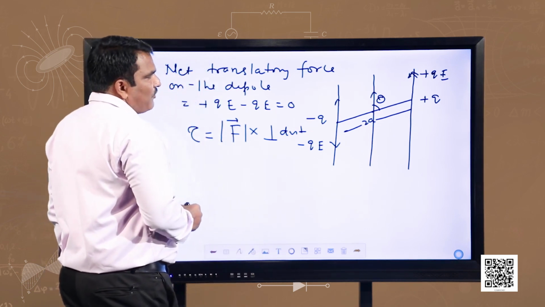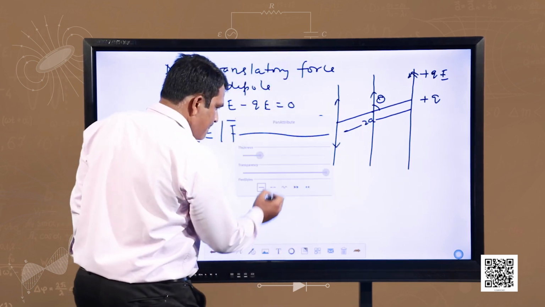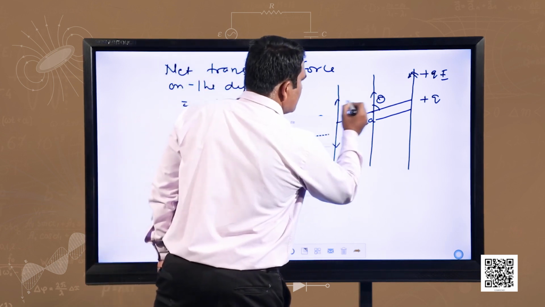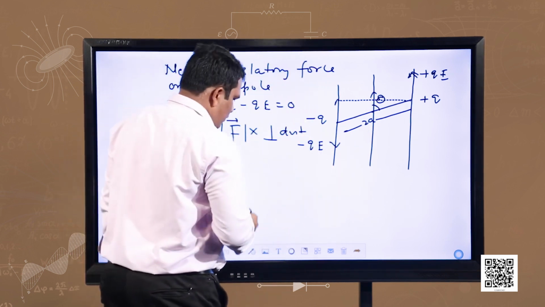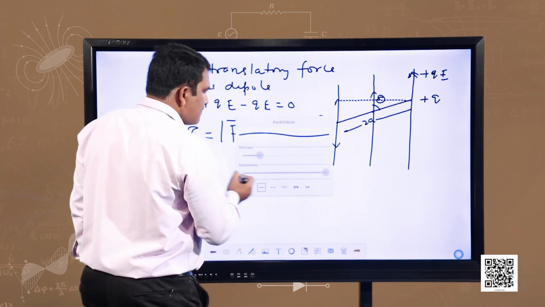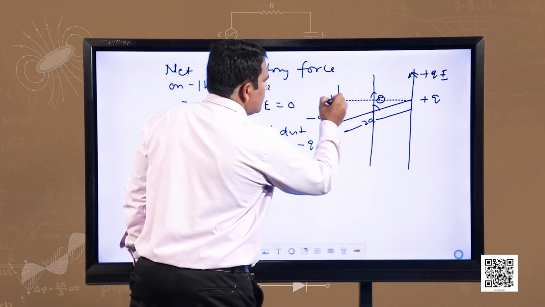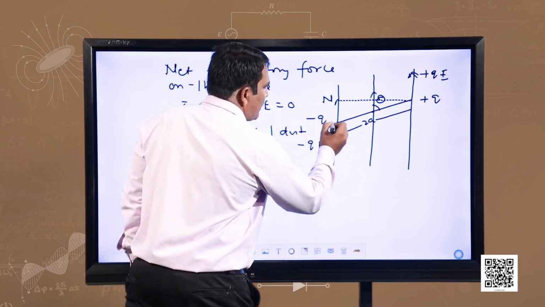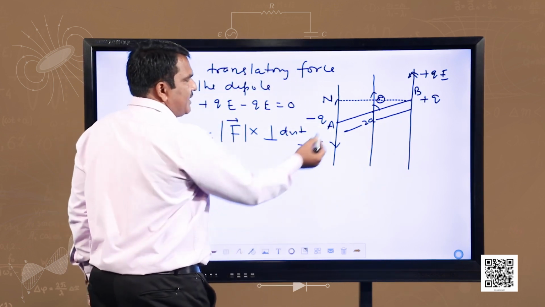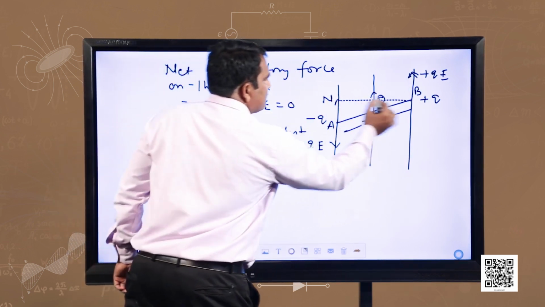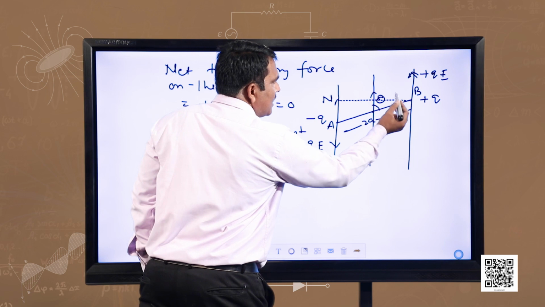Now, first let us find what is the perpendicular distance between these two forces. This is your perpendicular distance between the two forces. Suppose minus q is present at point A and plus q is present at B. So, the perpendicular distance between two anti-parallel forces will be this BN, and we can find BN if this angle is theta.